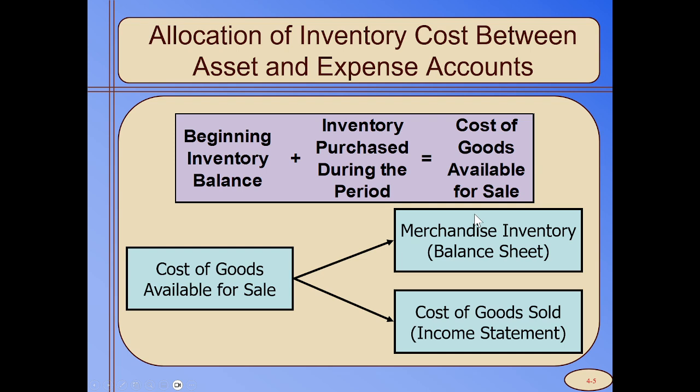The cost of goods available for sale is allocated between the asset account, merchandise inventory, and an expense account called cost of goods sold. The merchandise inventory account reports the cost of inventory items that have not been sold during the period. The cost of items sold is reported in the expense account cost of goods sold.